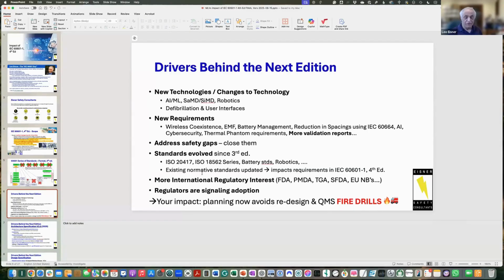A normative standard or a normative reference is a requirement in the standard versus informative, which is more guidance, basically. So those standards being updated impact the requirements into the standard itself, being the fourth edition. So CISPR 11 has updated since the publication of third edition Amendment 2, and that's going to have a huge impact, which I'll talk about later in the presentation.